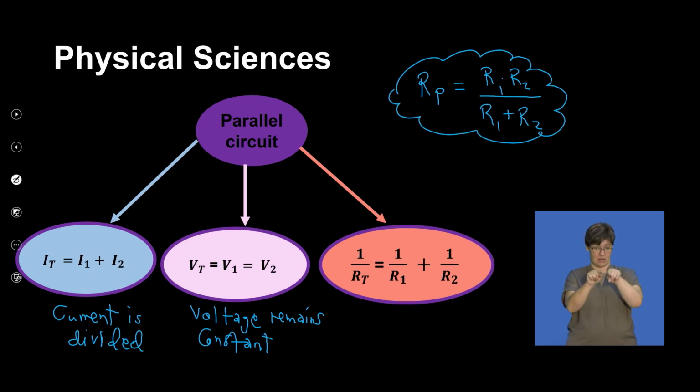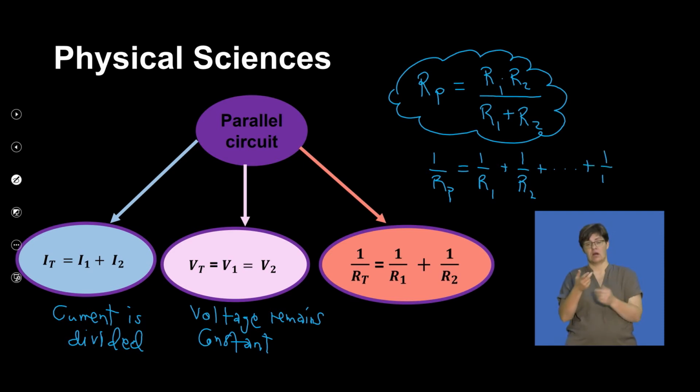However, there can be more than two resistors connected in parallel. So it takes us back to 1 over R parallel, the total resistance, equals 1 over R1 plus 1 over R2, plus whatever in between, up to 1 over Rn. This is applicable for n resistors connected in parallel. Be mindful of that. This is the gist or main idea as far as the parallel circuit is concerned.